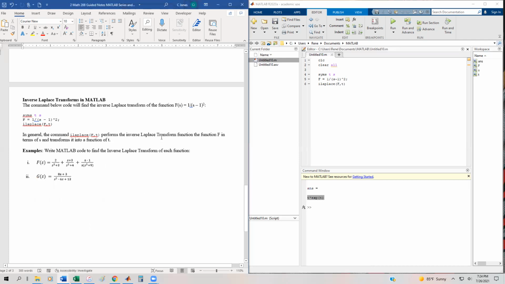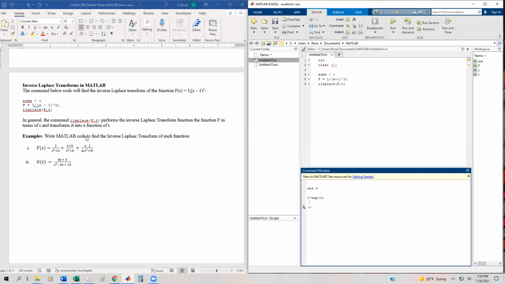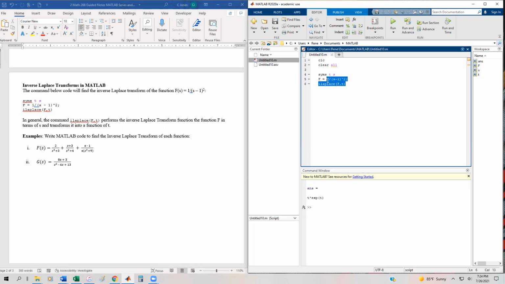Just to show you how to do this for slightly more difficult examples, we have this function. I'm going to redefine F, capital F. That's going to be 2 over s squared plus 3, plus quantity s plus 3, divided by s squared plus 4.